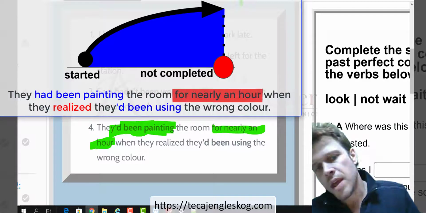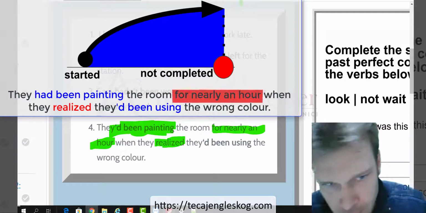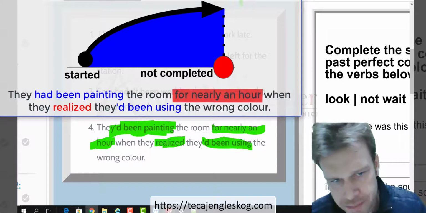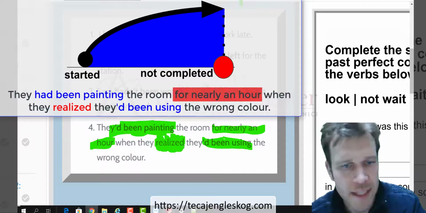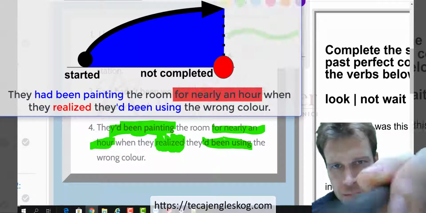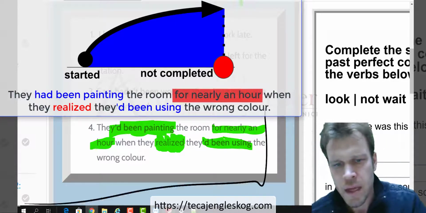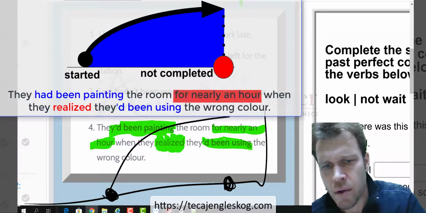When suddenly they realized, this is the second event, and before that they had been using. So we have two events happening before the moment of realization, on the time line. Here they realized, and they had been painting and using the wrong paint at the same time.